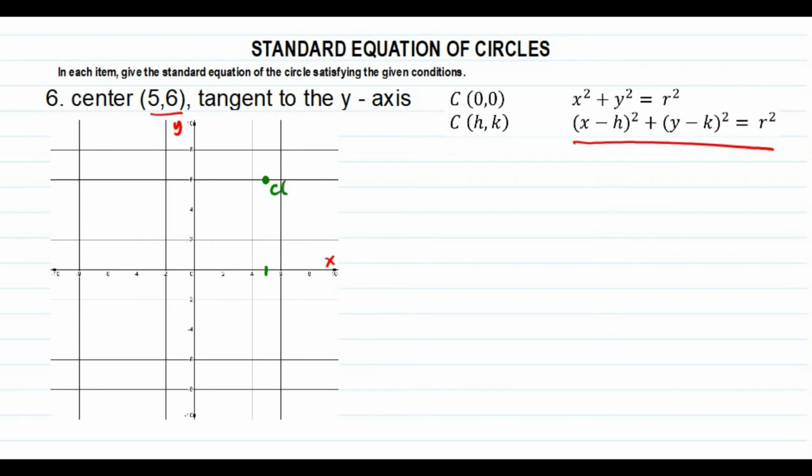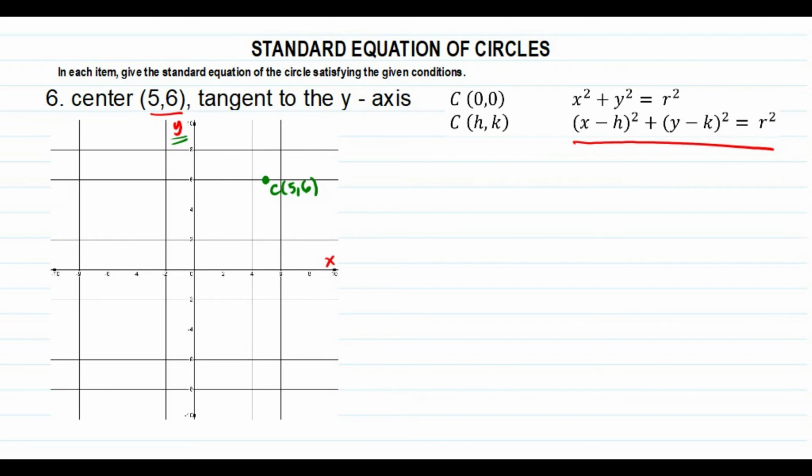Center is at 5, 6. Okay? I'll delete this. Now, tangent daw siya to the y-axis. Magta-touch yung kanyang point ng circle, one point sa y-axis. So, since this is the y-axis, ang takbo ng ating graph is pagta-touch dito.